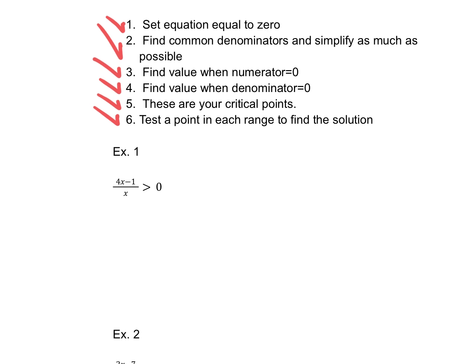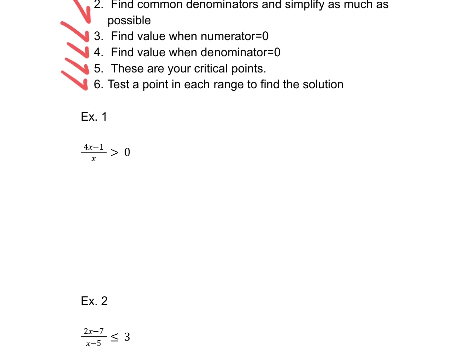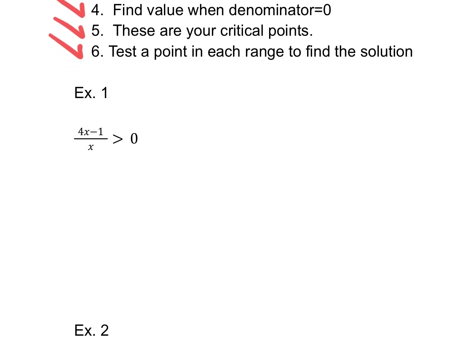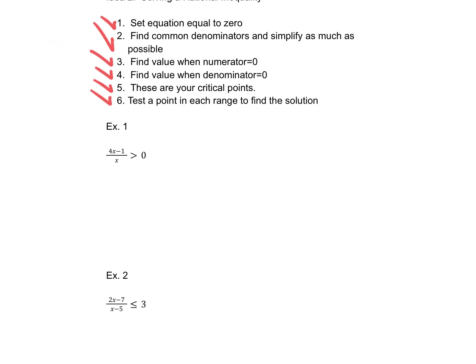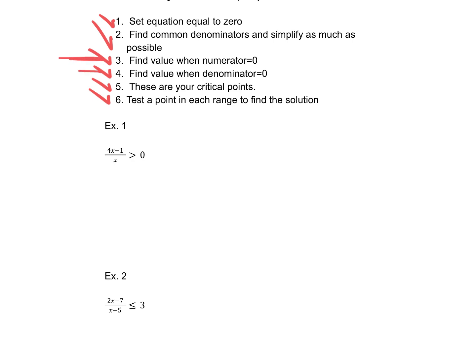Okay, so if you look here, we have one term, 4x minus 1 over x, so we do not have to find any common denominators. We don't have to set it equal to 0. That's already done. We have one nice, neat little term. So this one's a little bit easier, and we are already skipping down to step 3 and 4.